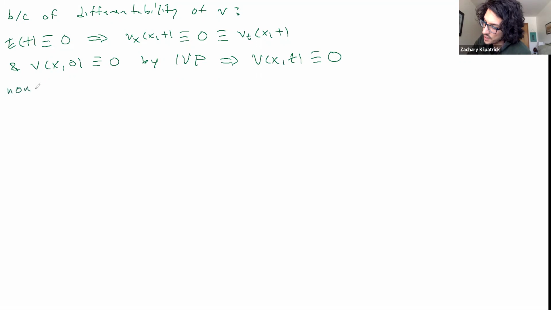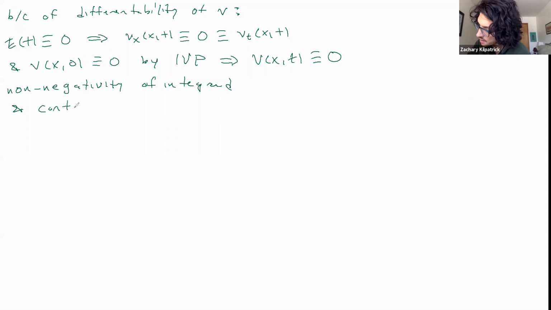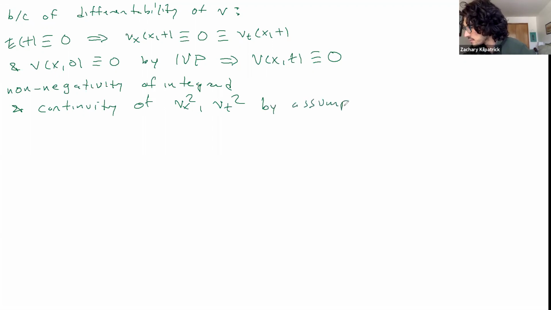So this comes from the non-negativity of the integrand and the continuity of v_x squared and v_t squared, by assumption. Okay, so that's our uniqueness result.